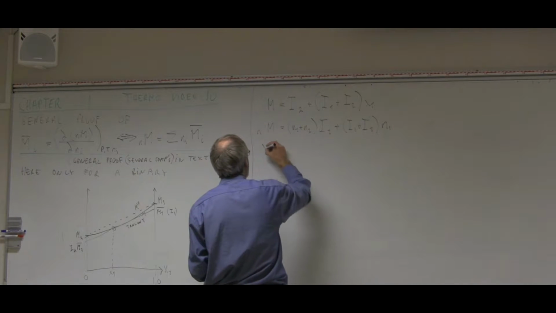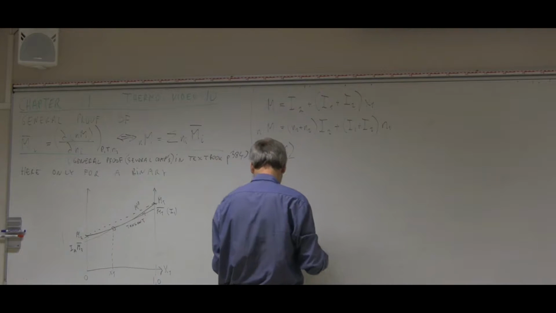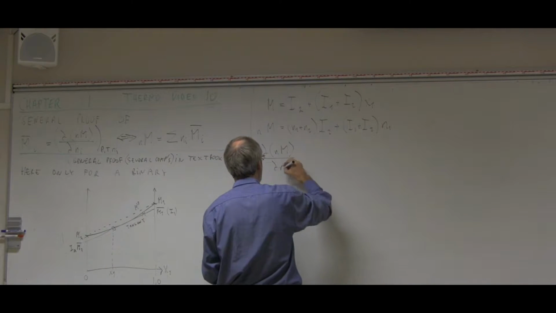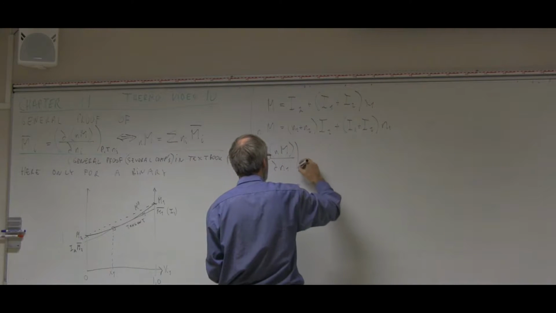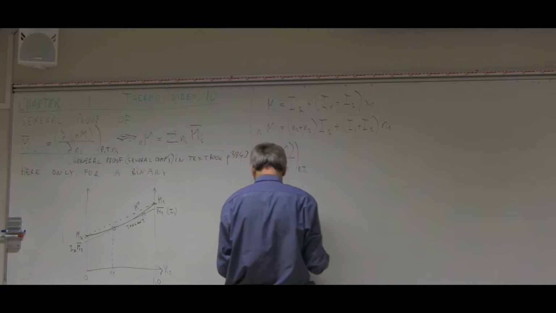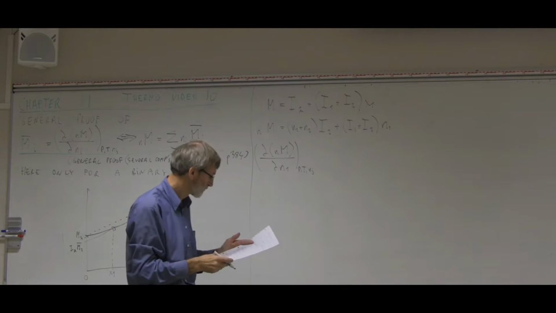And then we take the derivative of the total property and keep pressure, temperature, and all other components constant.